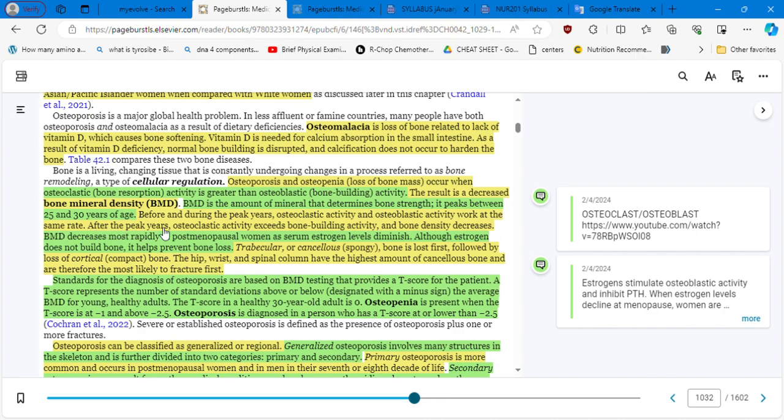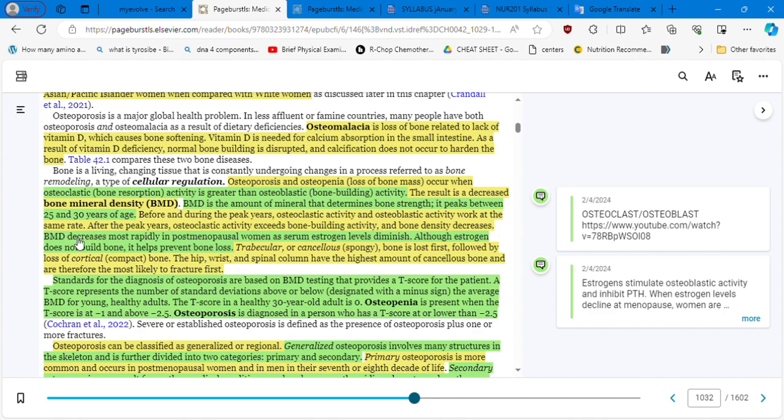After the peak years, meaning after 30 years, osteoclastic activity exceeds bone building activity and bone density decreases. So osteoclastics take the lead in bone destruction, and osteoblastics are slower in their production.